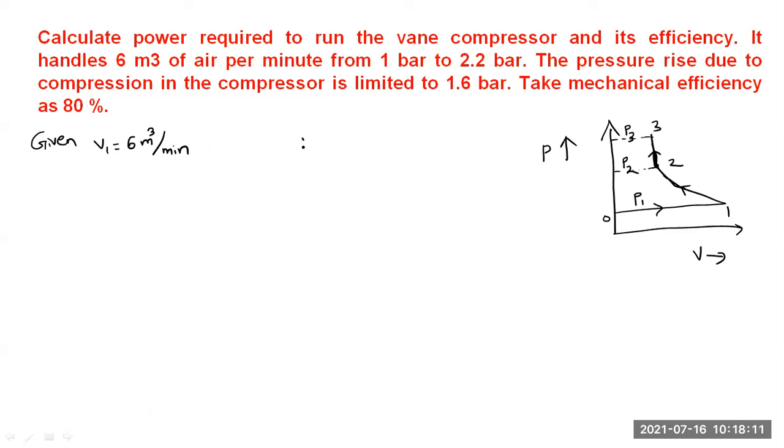So in this question, first thing is we have to calculate the power. Second thing is we have to calculate the efficiency, the fan efficiency. These are the two things we have to calculate over here.